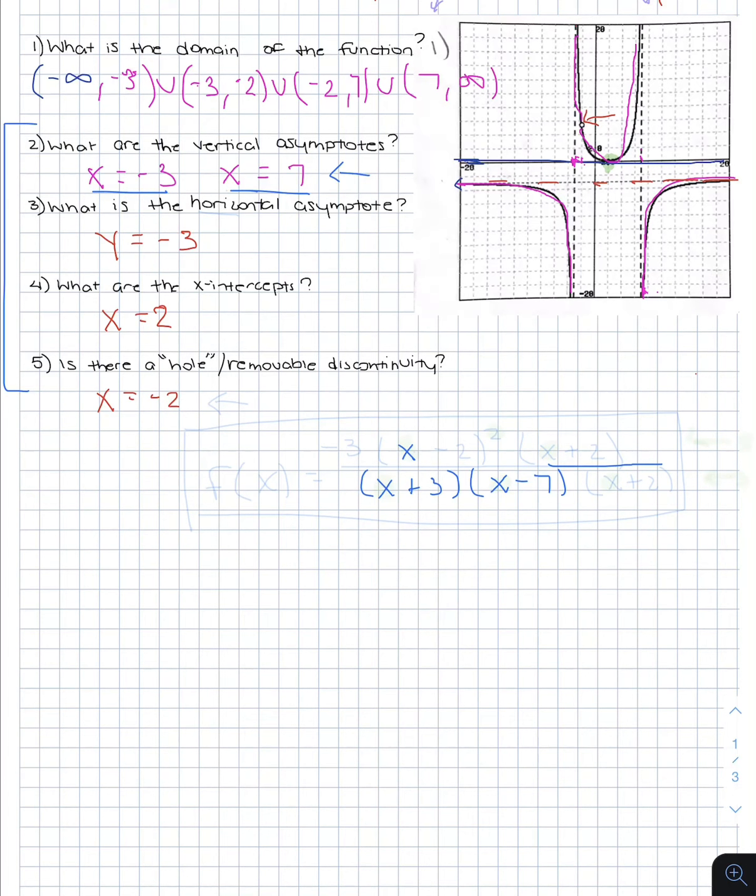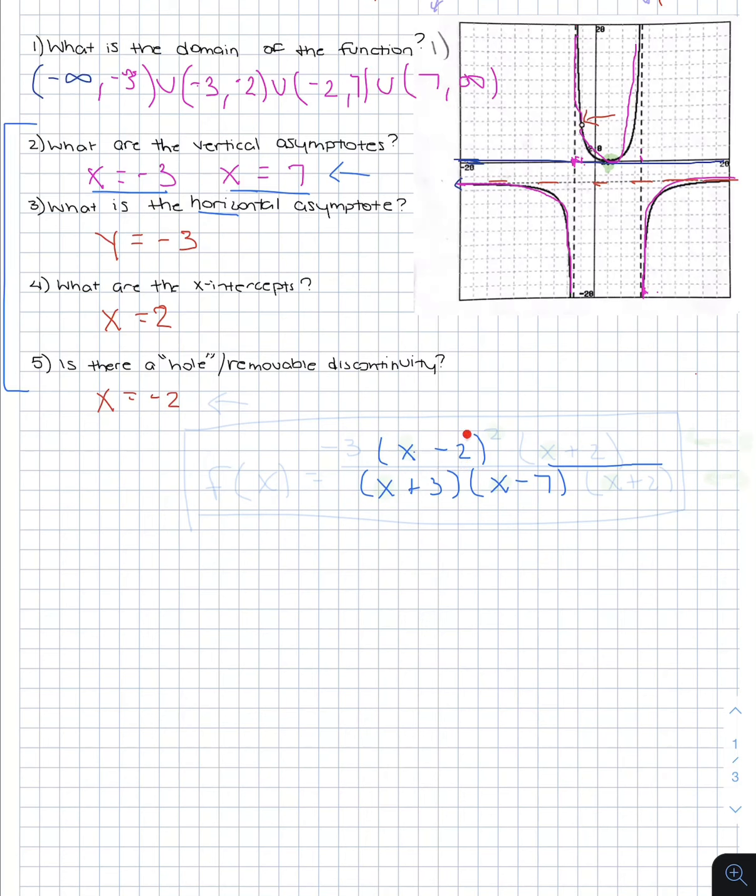Since we need to know the degrees of both the numerator and denominator for the horizontal asymptotes, we'll come back to that. But now let's look at the x-intercepts. For the x-intercepts, you know that we have to set the function equal to 0 in order to solve for the x-intercepts. And that means that the x-intercepts come from the numerator. So if we turn x equals 2 into a factor, we get x minus 2.